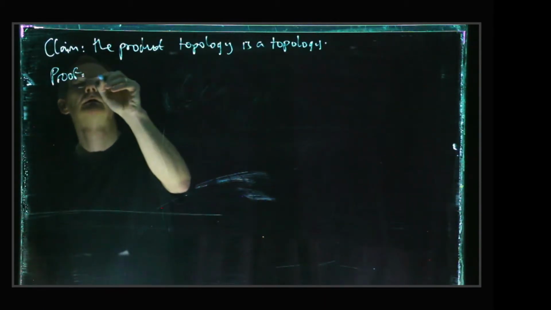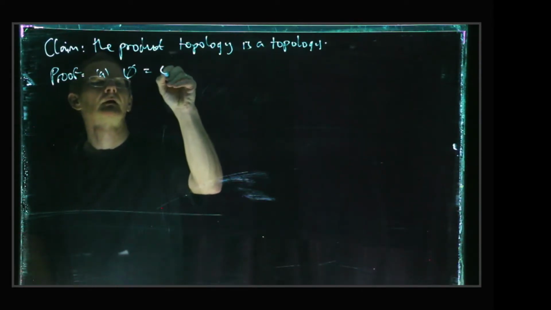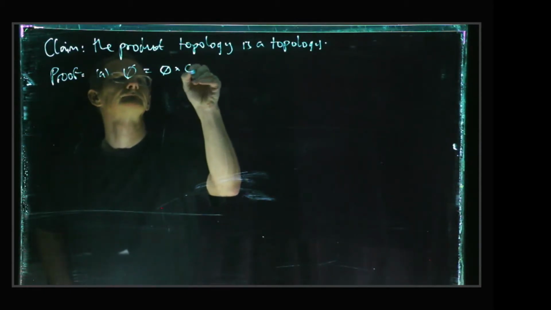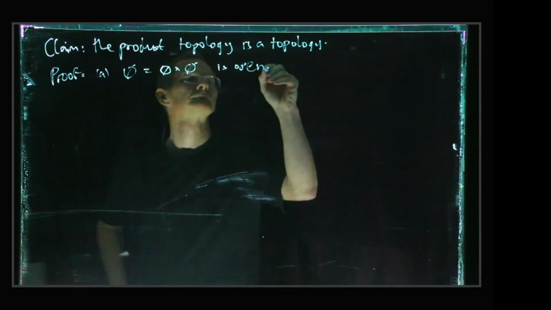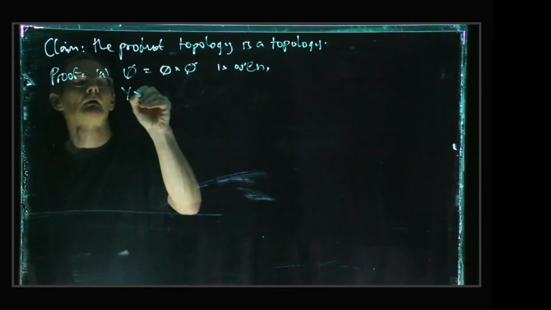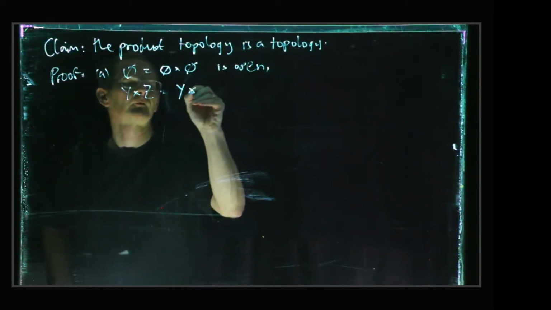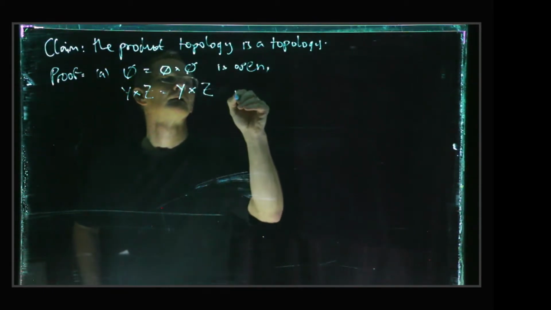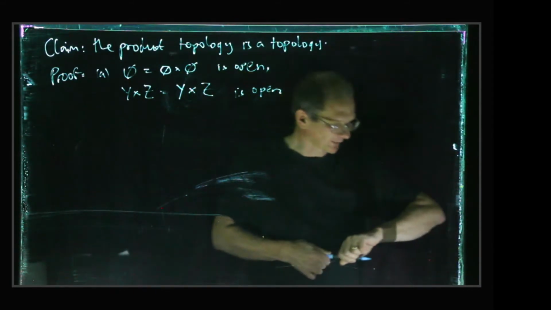Well, firstly, the empty set is the empty set cross the empty set, is open, and Y cross Z is also open. These are both just because boxes are open.